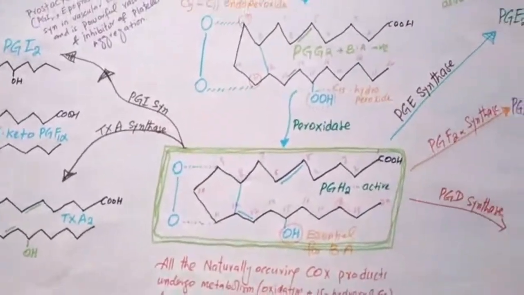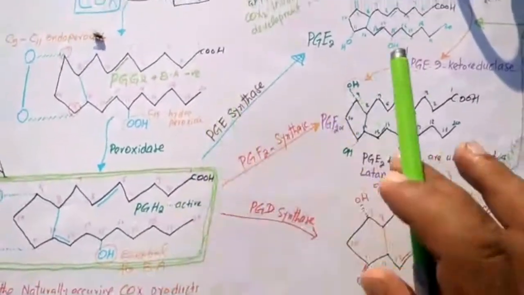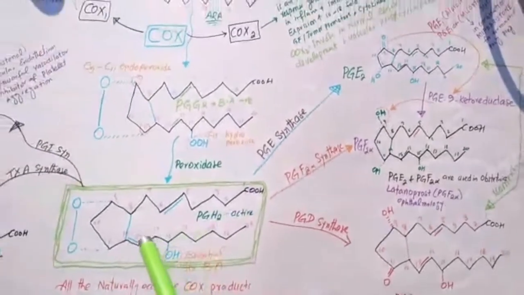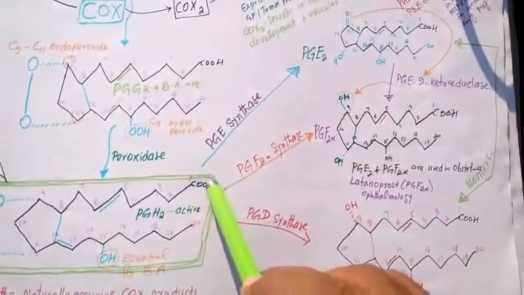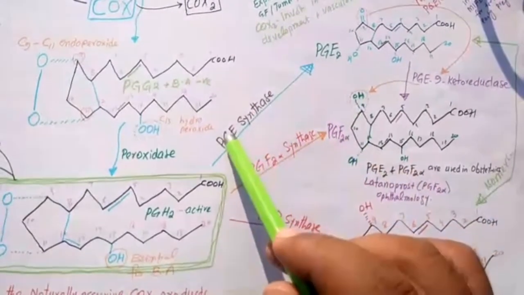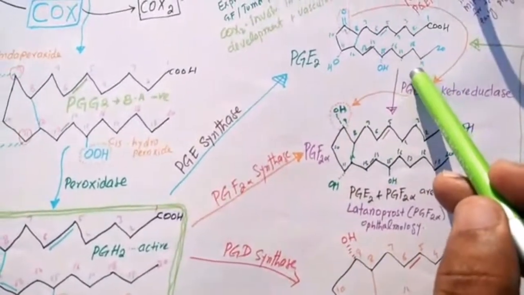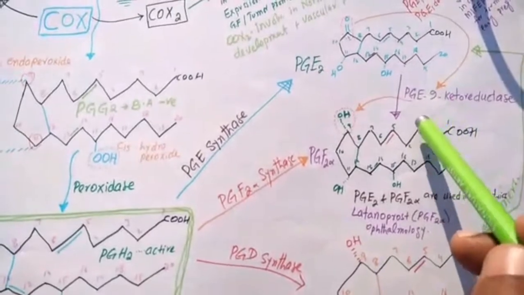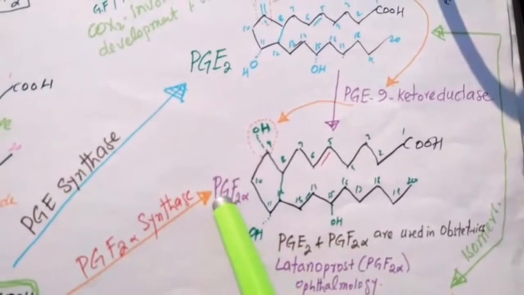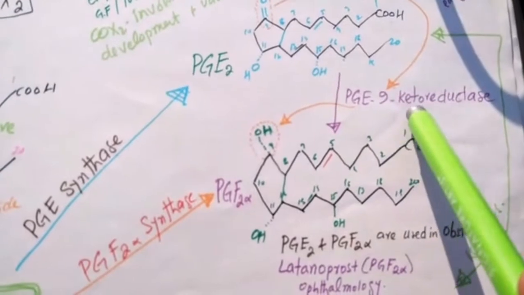Now this prostaglandin H2 is converted into other isomeric compounds. For example, this PgH2 is converted into PgE2 with prostaglandin E synthase enzyme, and this PgE2 is then reduced into prostaglandin F2 alpha with the help of prostaglandin E 9-keto reductase.